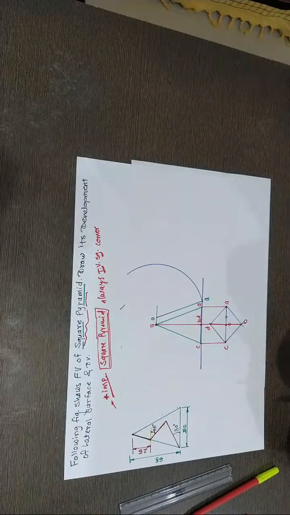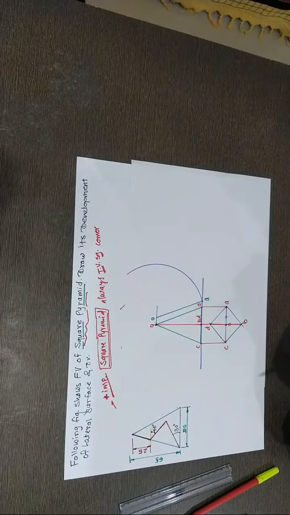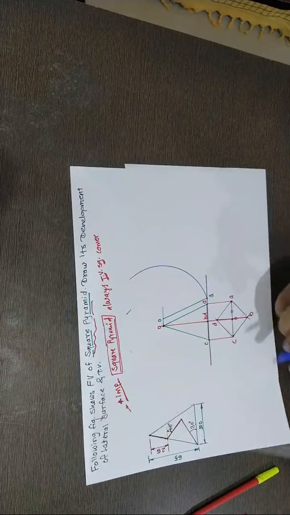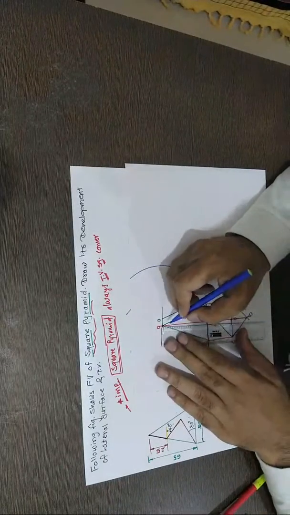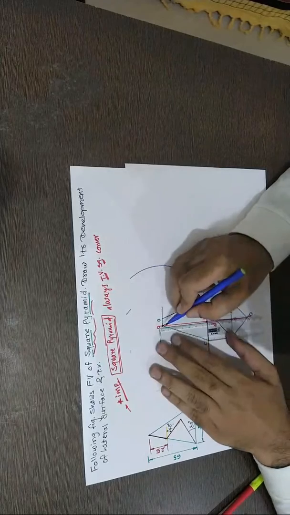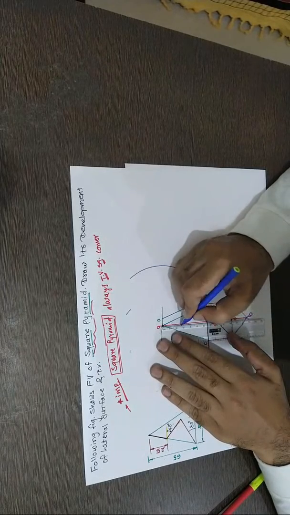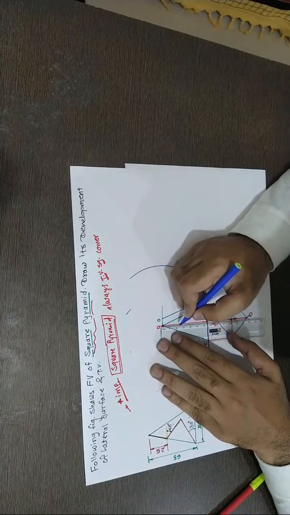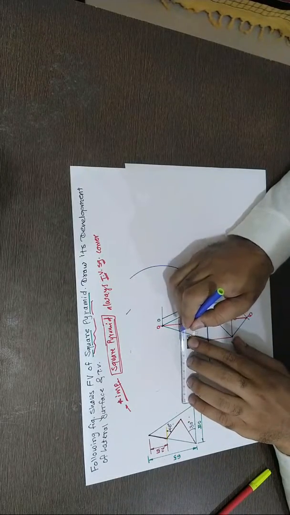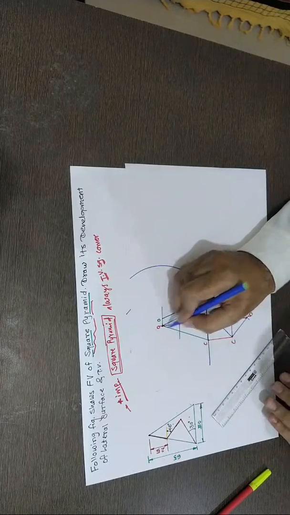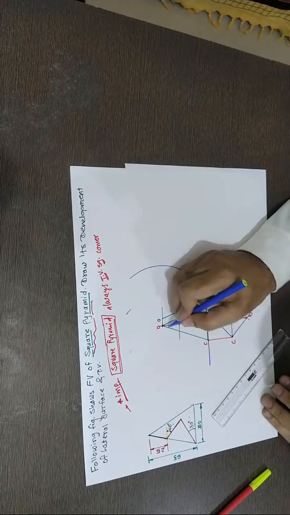Clear? So how? Very simple. 45 and 30, this is given in the question. So first you mark 25 mm from this apex. So I have marked 25. Reference I'll take here. So now this is 25. Remember, this is slant, this is not 25.